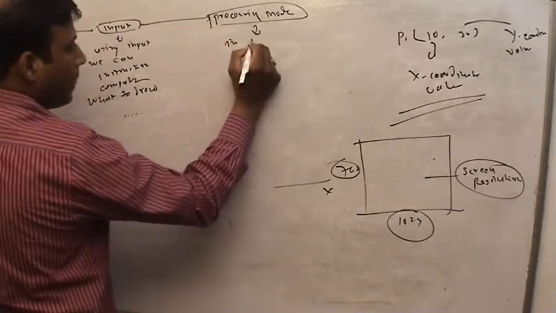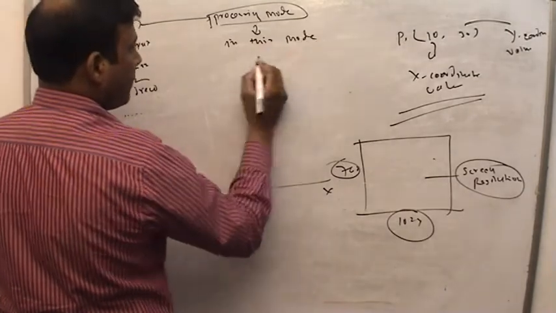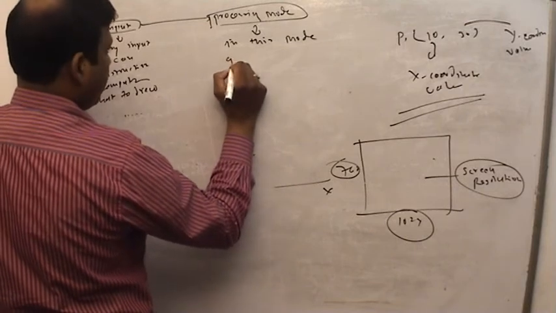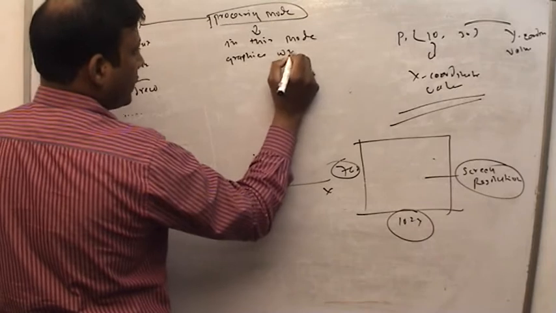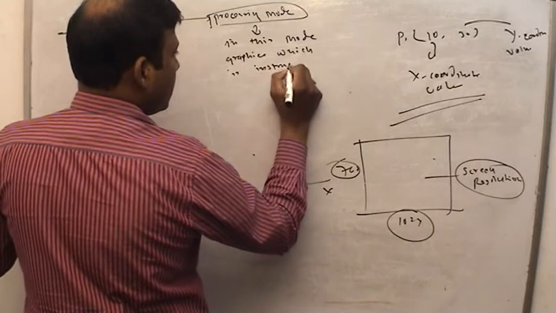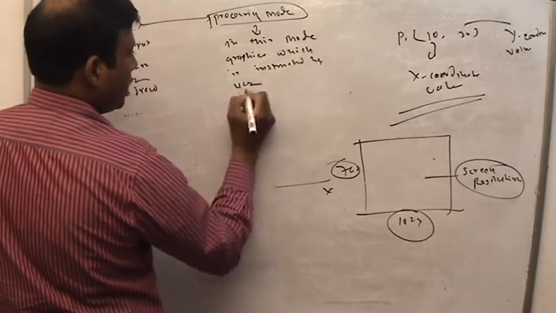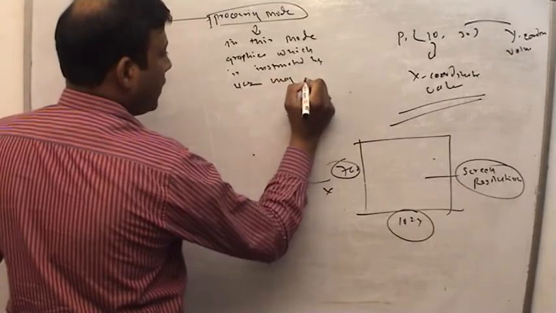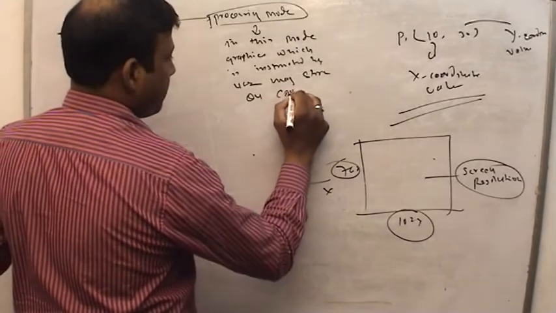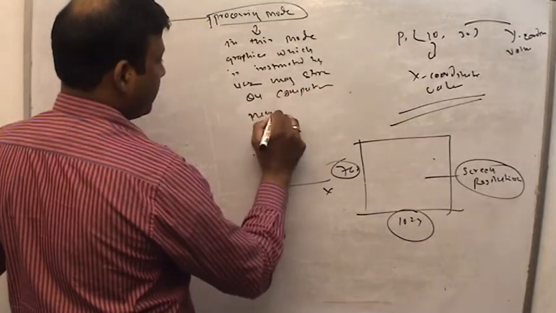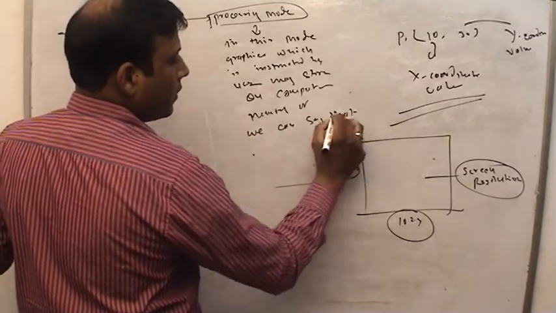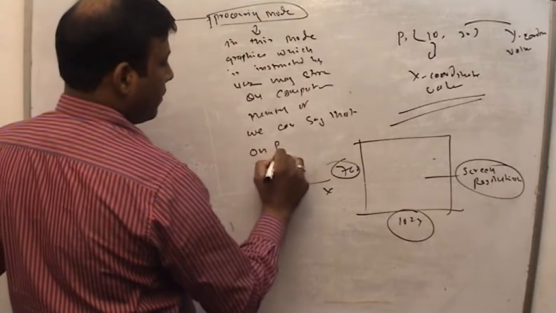In this mode, graphics, which is instructed by user, may be stored on computer memory, or we can say that on frame buffer.